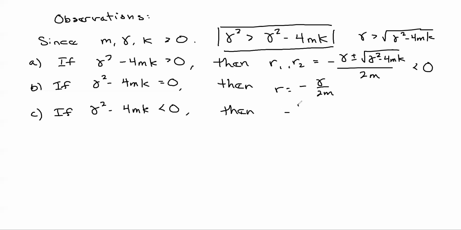You're going to have negative gamma over 2m plus or minus the square root of gamma squared minus 4mk over 2m. So this is the real part.